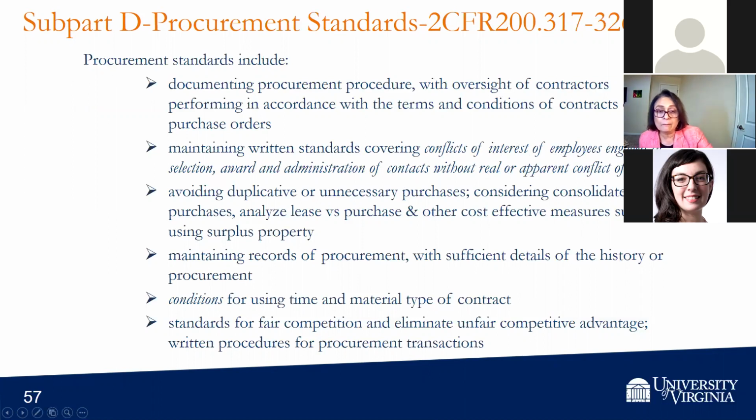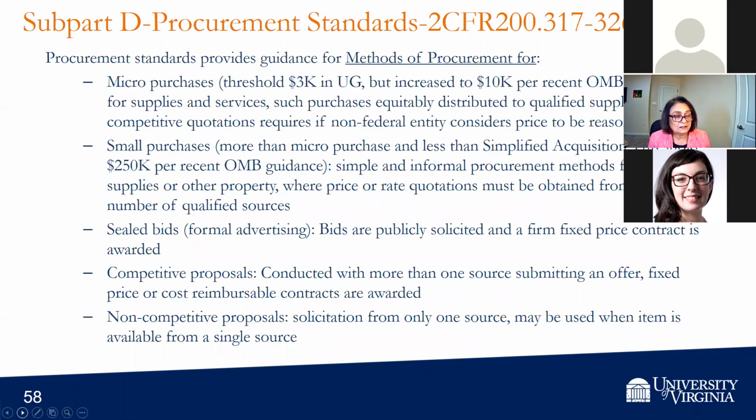So this is also very important. And we know, I think all of us, we have to certify our COIs every year or every 2 years. I don't know if it's changing now. So these are the procurement standards.